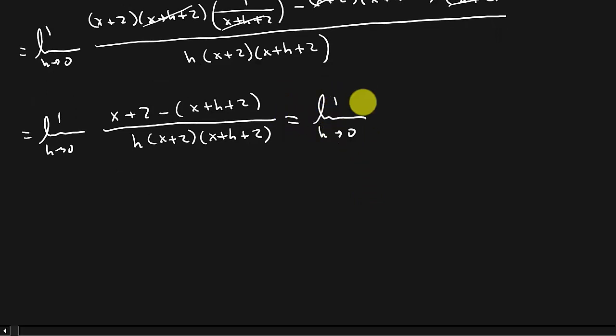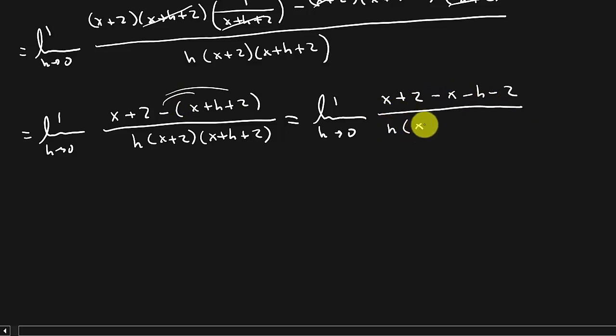I hadn't planned on working them, but I decided to go ahead and do it. Distribute the negative: minus x minus h minus 2 over h times x plus 2 times x plus h plus 2. And so we're left with the limit as h goes to 0. You can see the x's go out and the 2's go out.